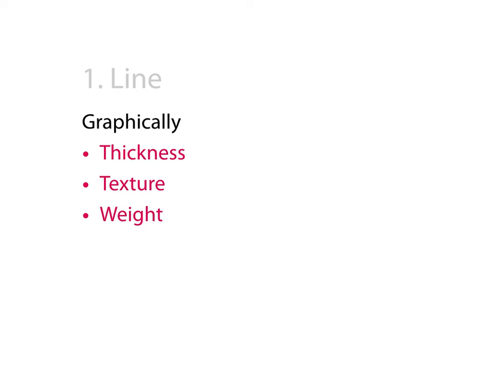Now we can start to think about a line and describe it in some different ways. For example, its thickness, its texture, its weight. These are kind of ideas that we also saw in Adobe Illustrator. What is the thickness of a stroke? What's its point size? How thick, how thin is it? It might vary in its kind of texture.